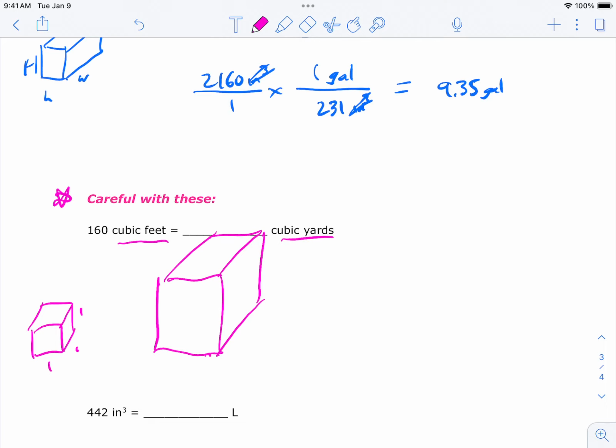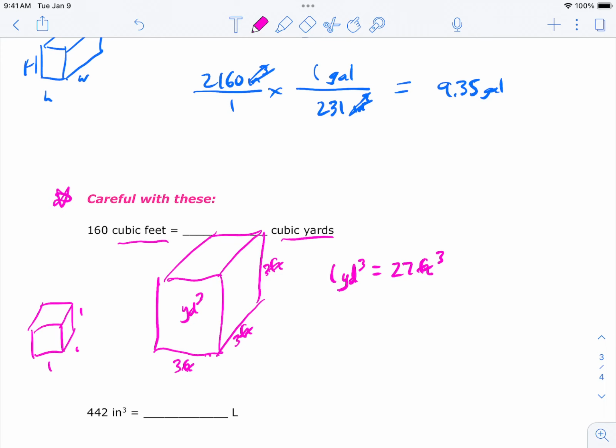So how many cubic feet is a cubic yard? Keep in mind that a cubic yard measures 3 feet on each side. And so 3 feet on each side tells us right away that 1 cubic yard is 3 times 3 times 3, which is 27 cubic feet.